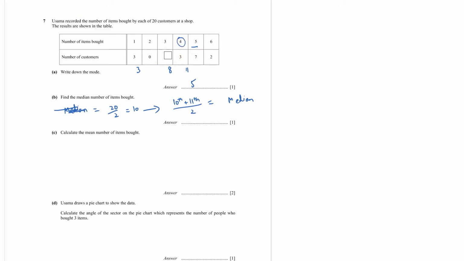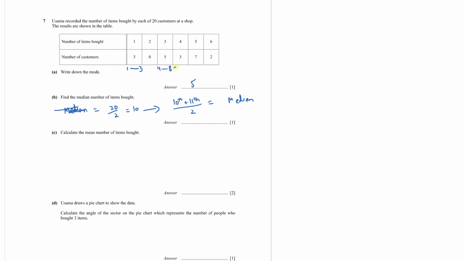How did I do it? Let me show you again. Here the range is 1 till 3 because you have 3 customers. Then it's 0, so the range doesn't change at all. Here you have 5 customers, that means the 4th customer up till 5 plus 3 is 8, so 4th till 8th.